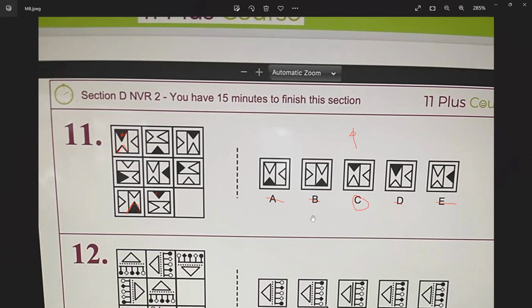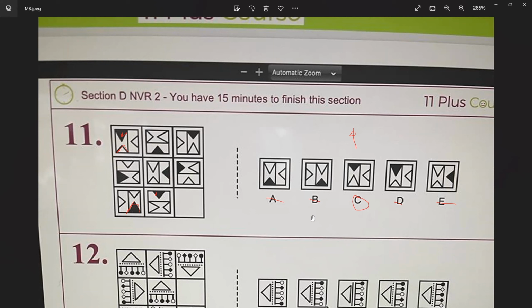Okay, and how do you know that the top one is going to be the smaller triangle? Oh, I just realized something. Wait a minute.